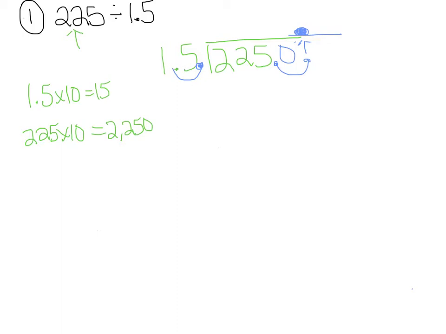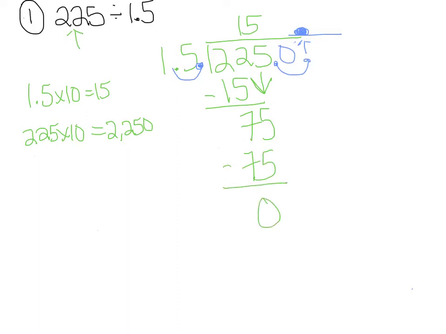Alright, so 15 goes into 22 once. 1 times 15. You get 7 when you subtract 22 minus 15. Bring down your 5. 15 will go into 75 exactly 5 times. Subtract, 0.